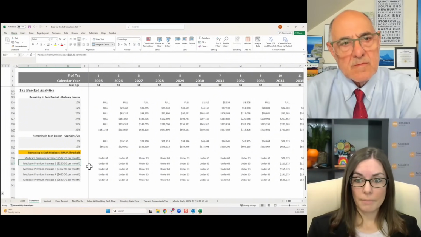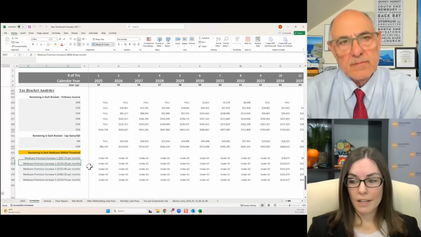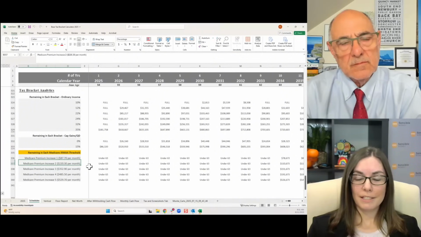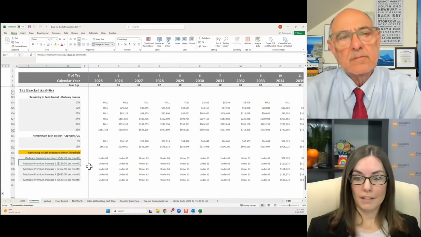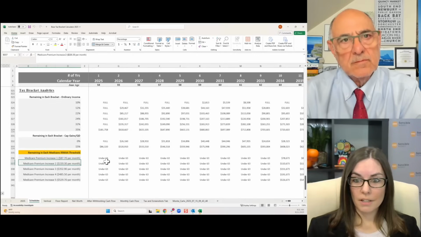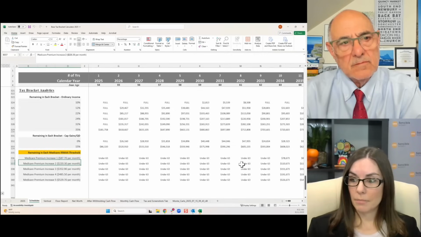Well, for IRMAA, Medicare only applies for those 65 or older, and your age 65 premiums are based on your tax return when you're 63. So what you see for her, she's really young, under 63, so it doesn't matter. Her income these early years of retirement has no impact on Medicare.